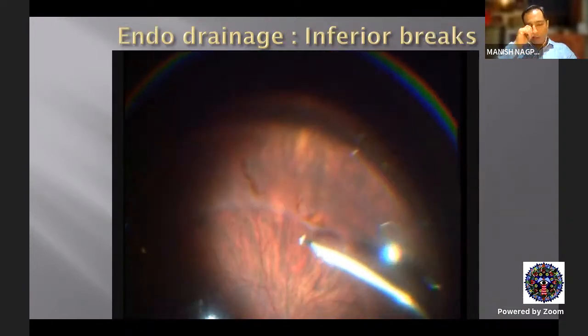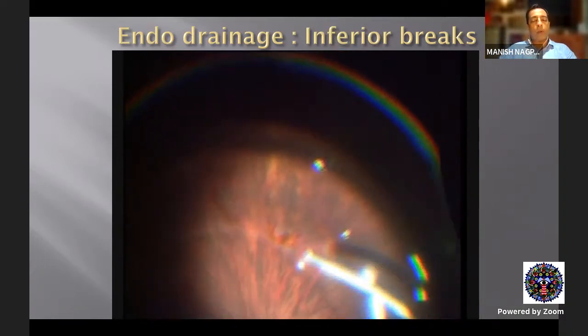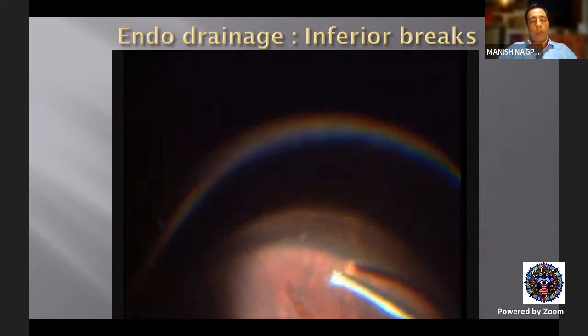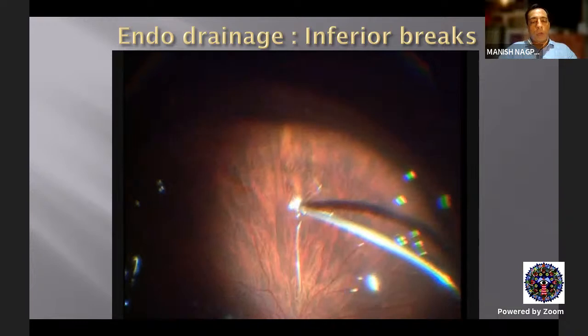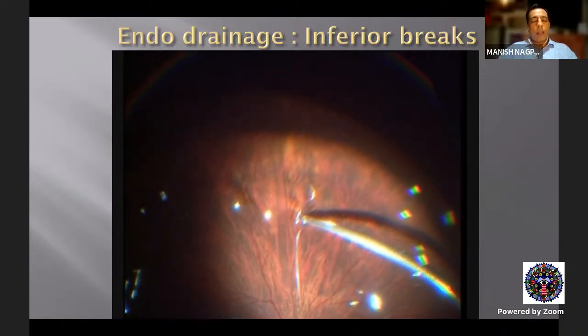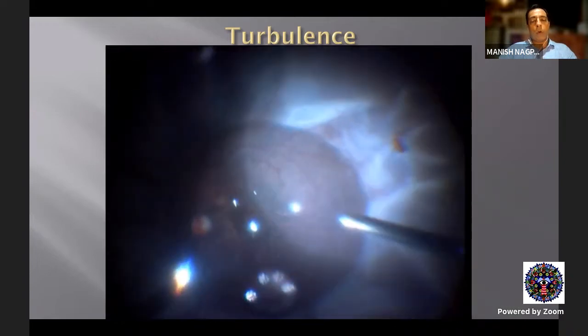And once you have the breaks in the periphery, the fluid in the periphery, you could go and aspirate, endo drain from there instead of coming to the macular area or posterior pole. And now you can see that the retina is flat. And once the retina is flat, you remove the perfluorocarbon and you're set to go.